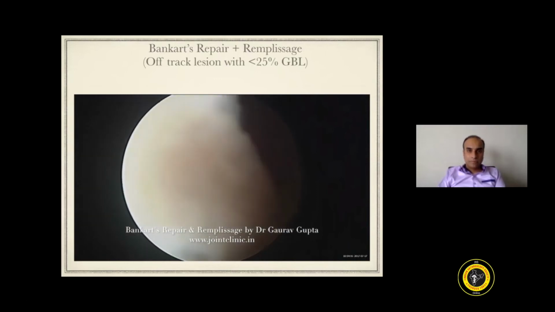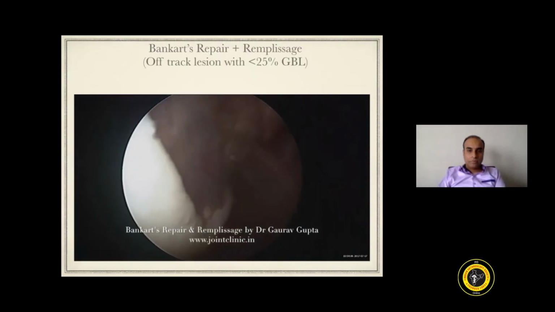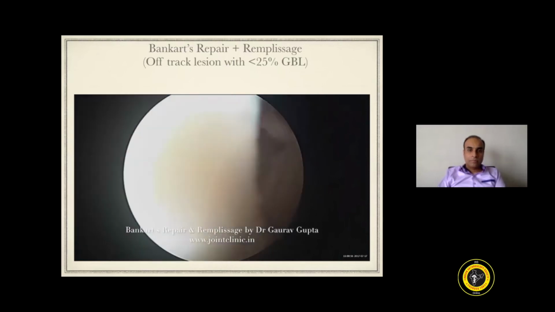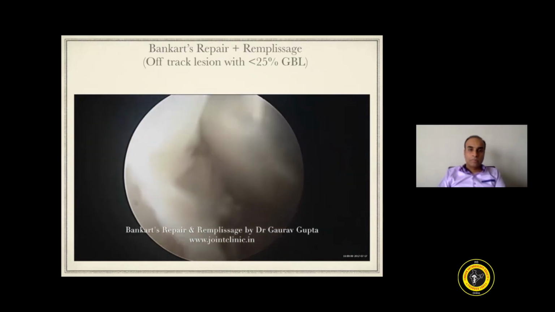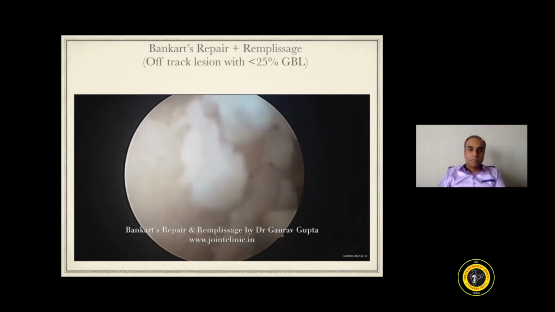Our next step is to make an accessory posterior portal, and we debride the base of the Hill-Sachs lesion so that it is raw and made fresh.